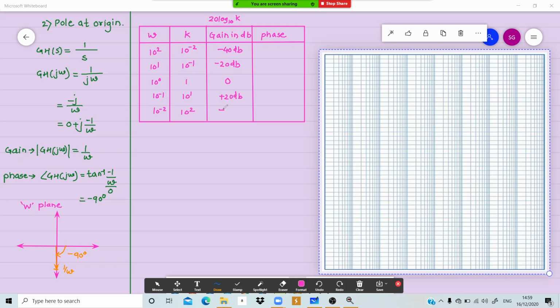And this is going to be plus 40 dB. And the angle is straightforward. Omega is nowhere in the picture, so for all the values it is going to be minus 90. No need to worry. So the phase plot will be very simple. For the gain plot, we will see what is going to happen to that magnitude plot. So I'll draw it.